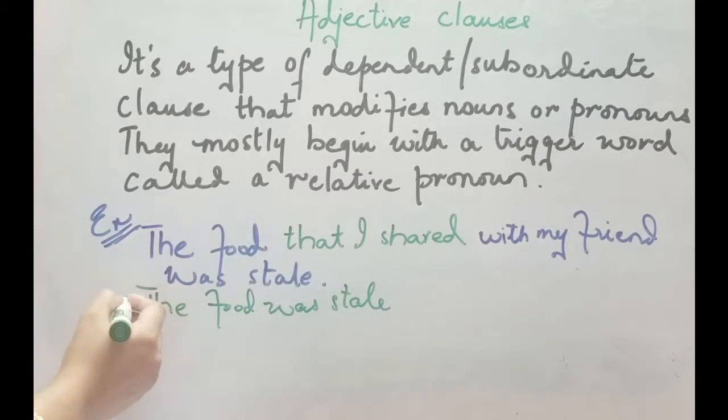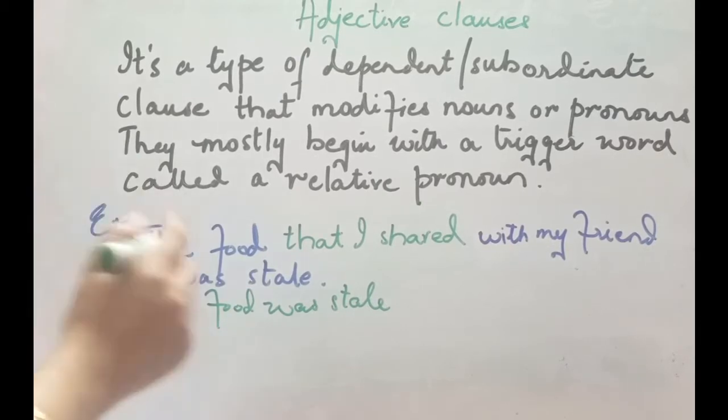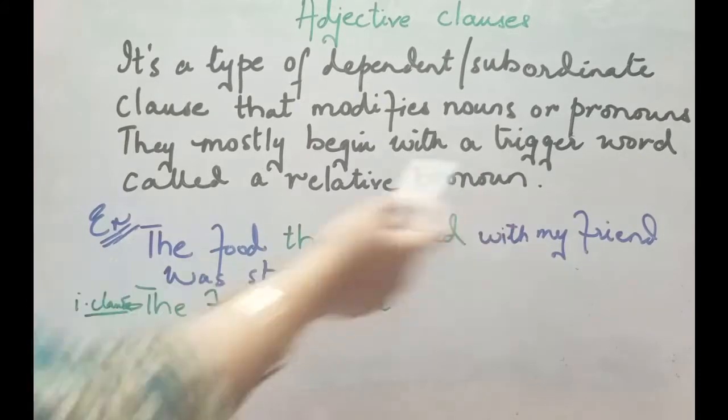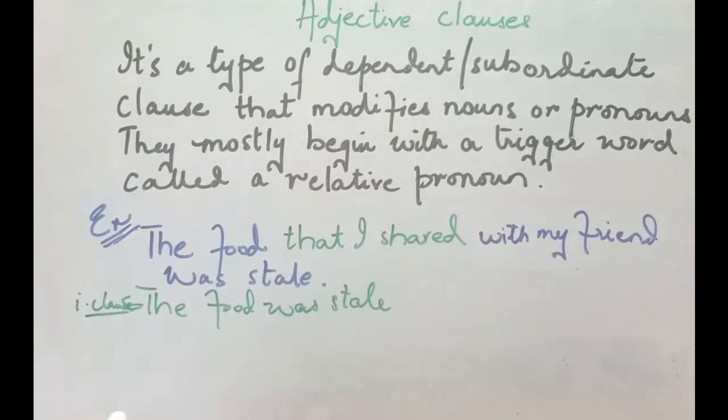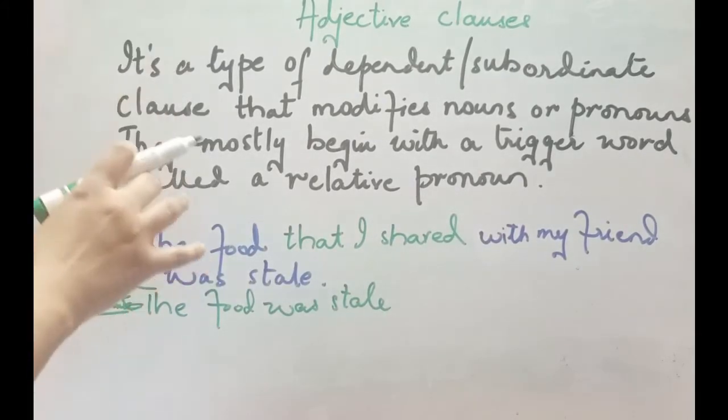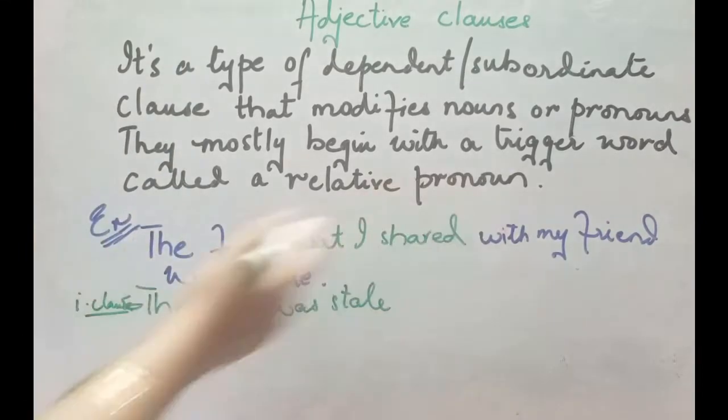That means this is my independent clause, and the sentence would have been covered over here, but I am enhancing the sentence. I'm trying to share more with you, so I added that I shared with my friend. It was that particular food that I shared with my friend.